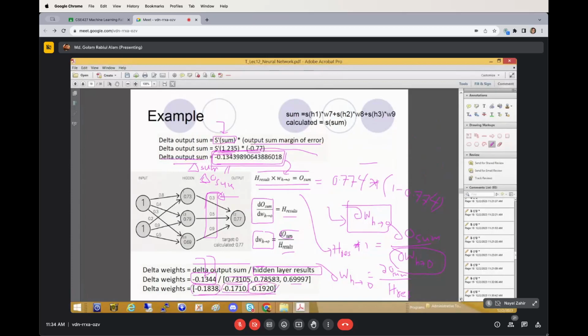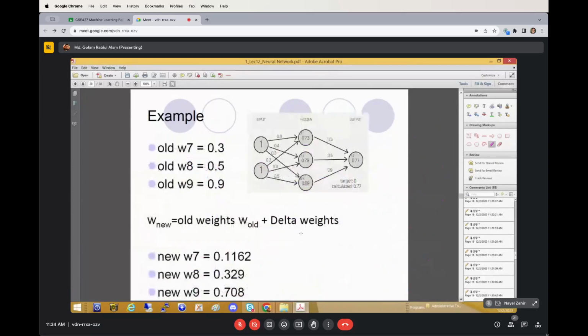So how can we compute that? Here these are W7, W8, and W9, the values of the previous weights plus delta weights. We know the value of the delta weights, then we will get the new values: new W7, new W8, and new W9.